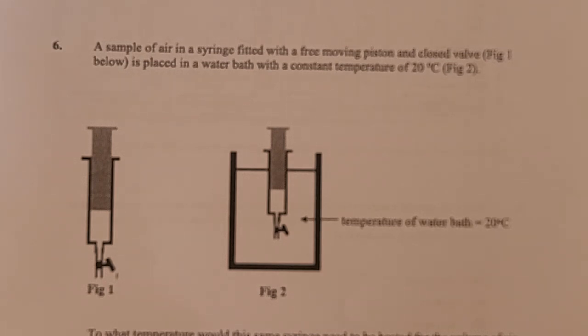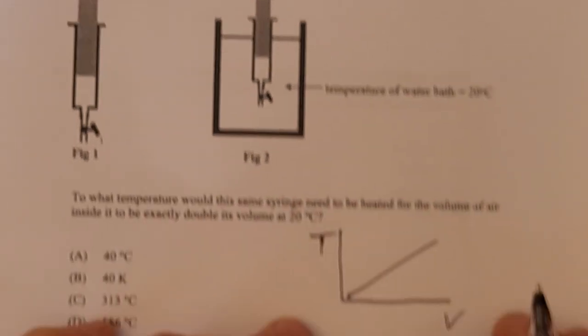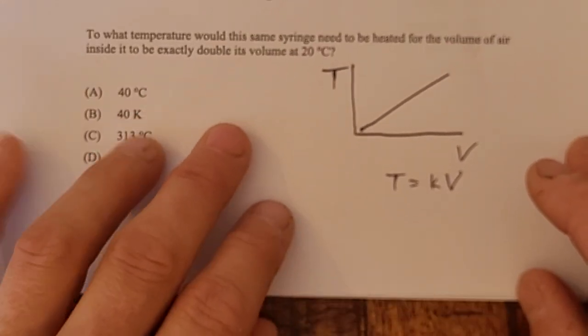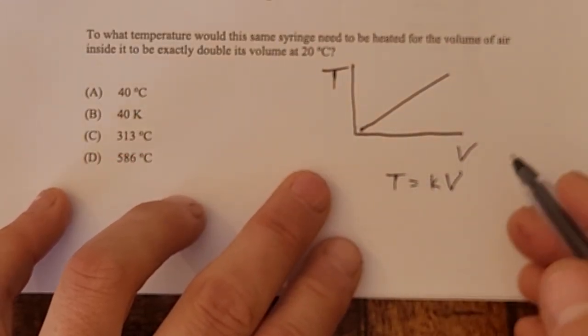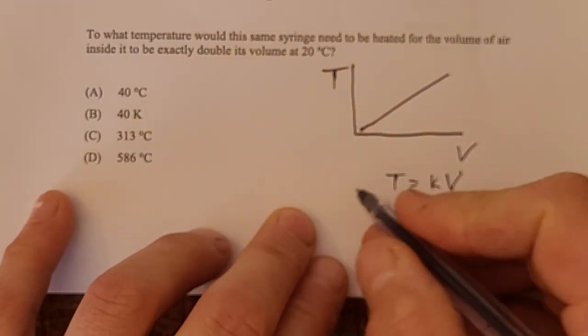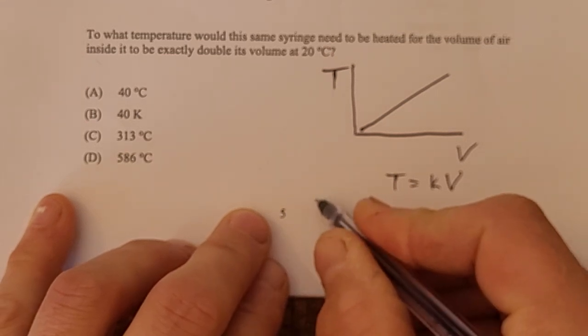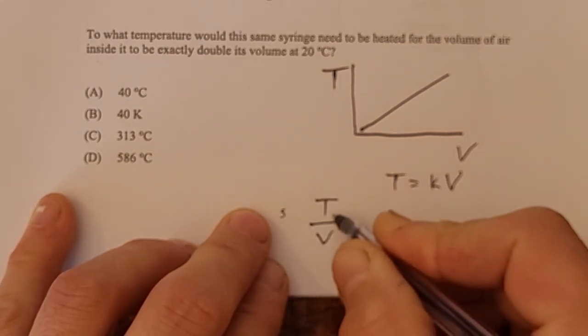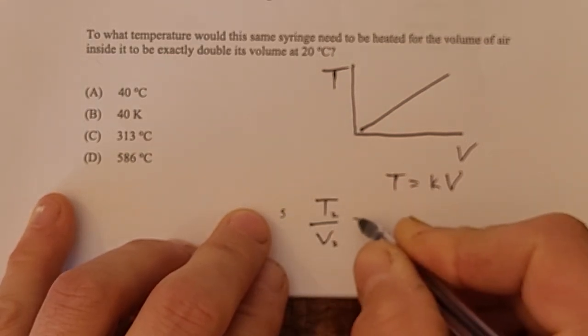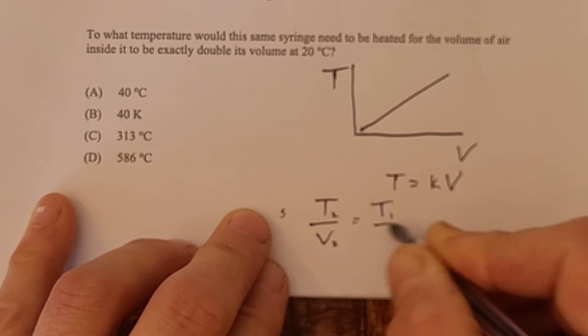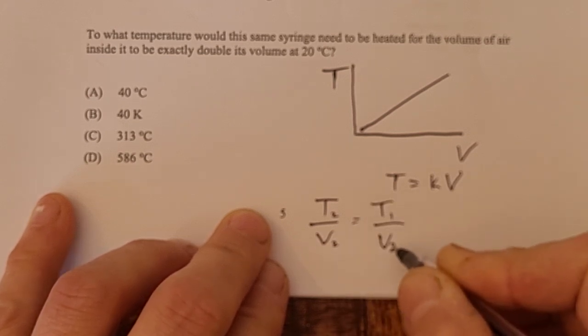So we can say that T is some constant with V. And we could then say T over V equals T1 over V1.